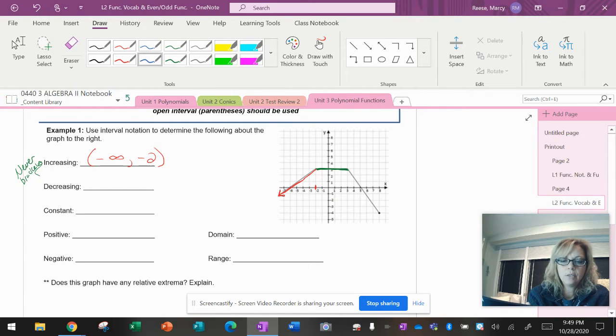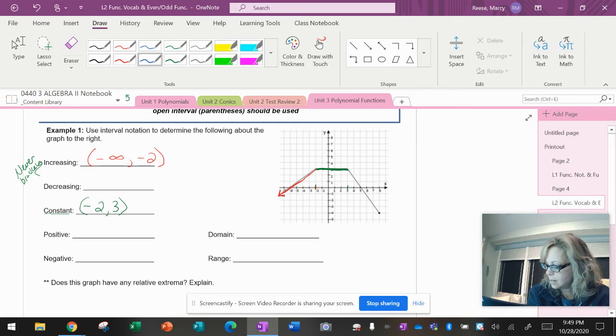So where this is green here, that's where it's constant. I'm going to jump down here and use the constant terminology. From when x is -2 to when x is 3, so from -2 to 3, we have constant. It means it goes straight across.